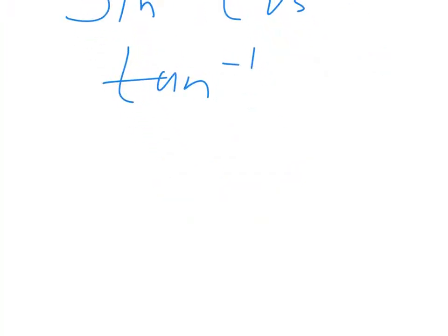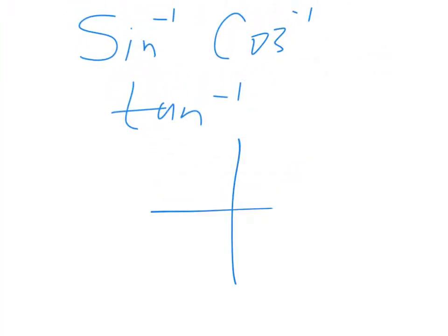Would you take a moment and draw for me the little map that says, here's where I can do inverse sine, here's where I can do inverse cosine, and here's where I can do inverse tangent. Don't remember? It's easy to forget. You have to watch the video. Otherwise, you'd be lost.